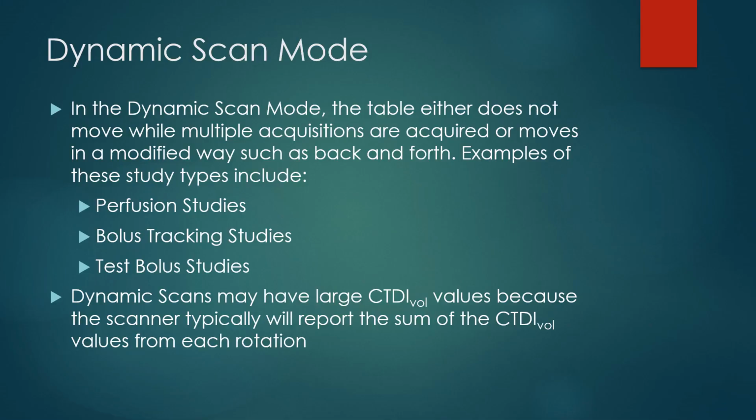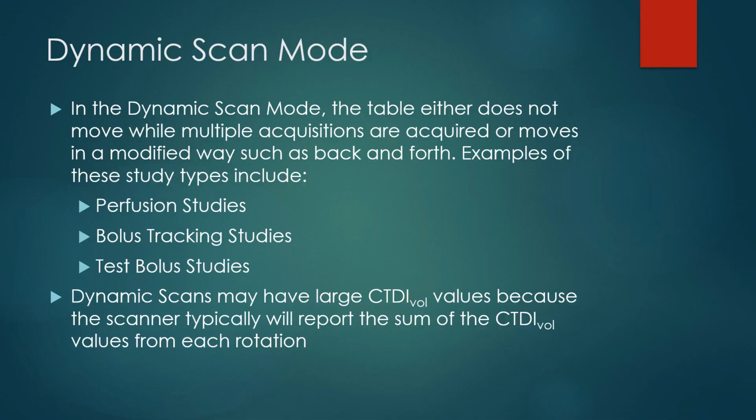In a dynamic scan mode, the table may not move while multiple acquisitions are acquired in one location. Examples of these studies include, as mentioned, perfusion studies, bolus tracking studies, or test bolus studies. It is extremely important to manage these protocols to ensure excessive dose is not administered to the patient in one location.